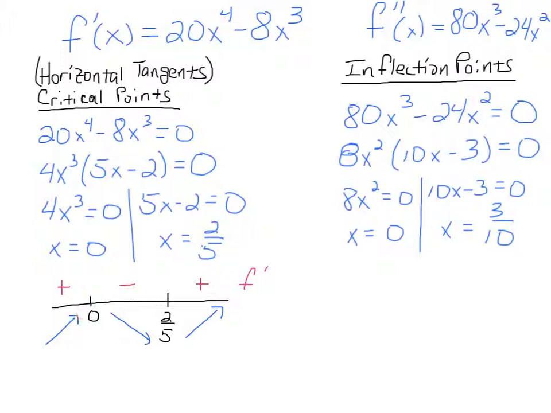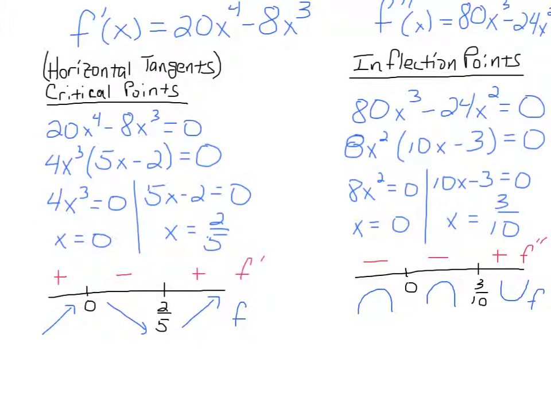So our tangent lines are going this way if the first derivative is positive, in this direction if the first derivative is negative, and then this direction if it is positive. So we must be increasing from minus infinity to 0, decreasing between 0 and 2/5, and increasing from 2/5 to positive infinity.